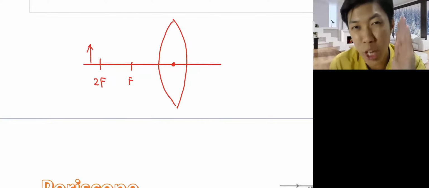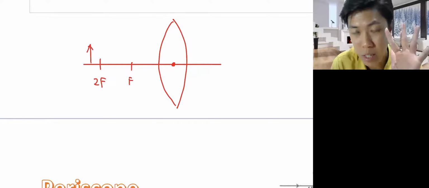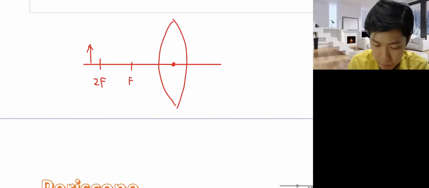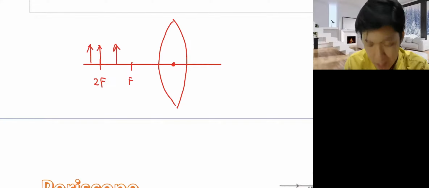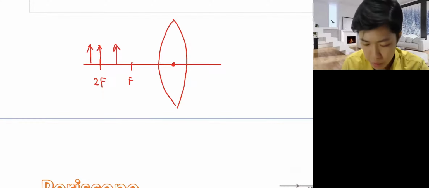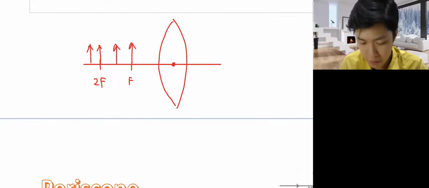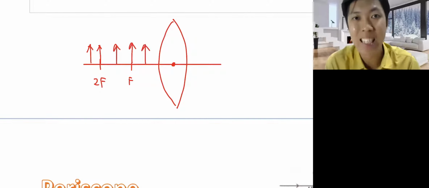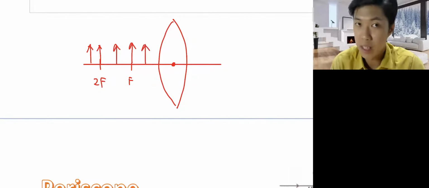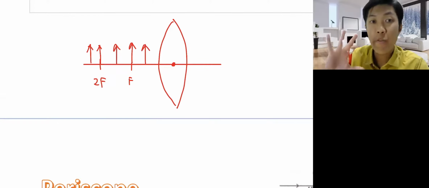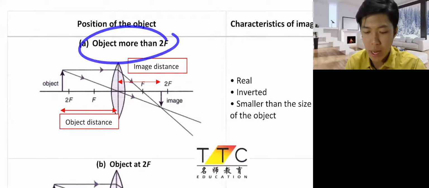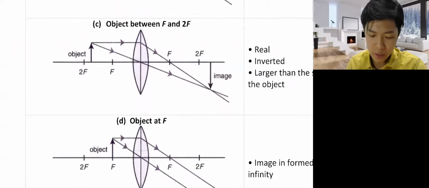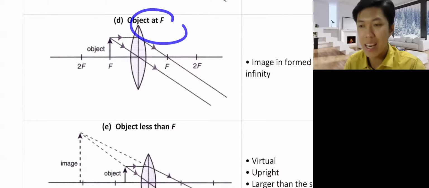This is where your object will stand. 5 possibilities: more than 2F, on 2F, between 2F and F, on F, less than F. Is that right? 5 possibilities, which is right above here. See, more than 2F, on 2F, between 2F and F, and then F.